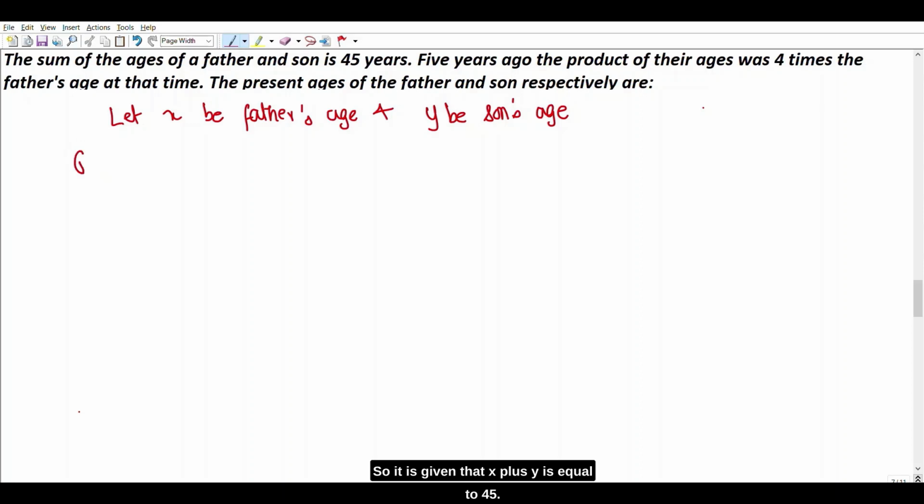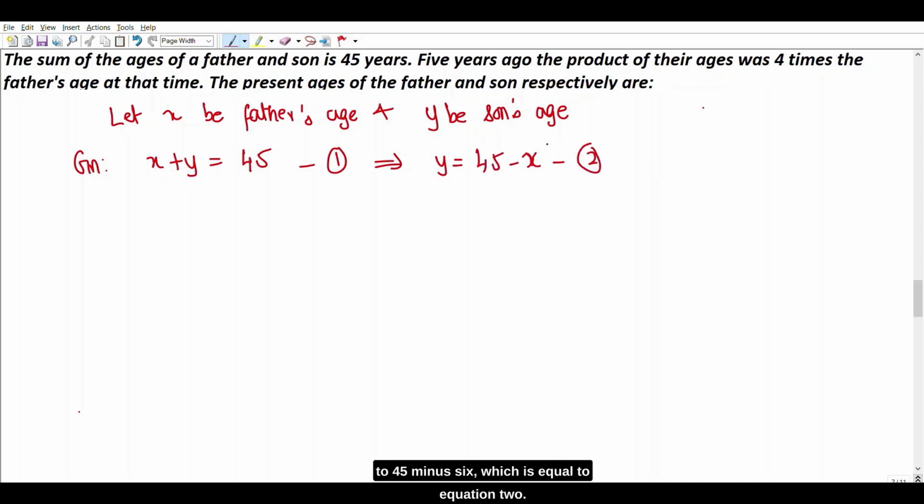So it is given that x plus y is equal to 45. So this will be considered as equation 1. So from this equation we can derive that y is equal to 45 minus x, which is equation 2. So 5 years ago the product of their ages was 4 times the age of father at that time.